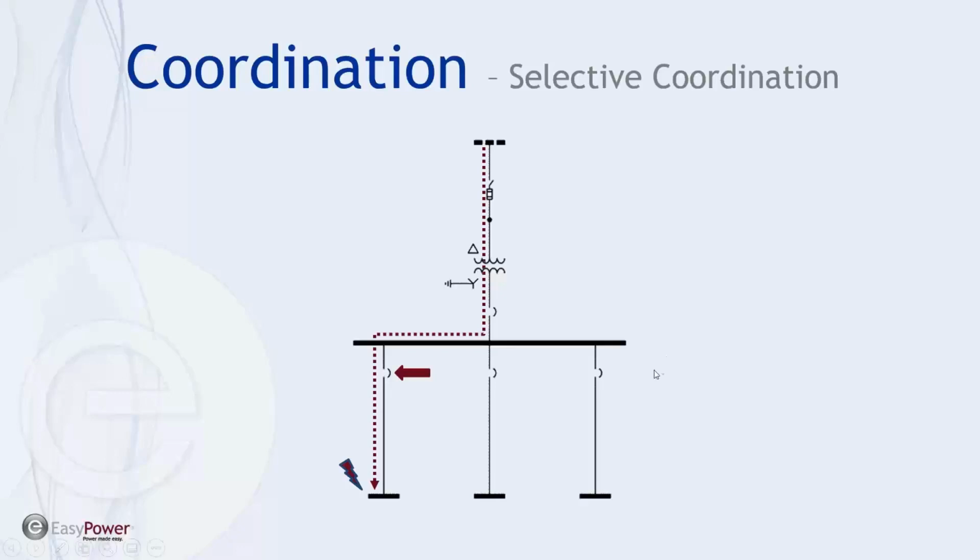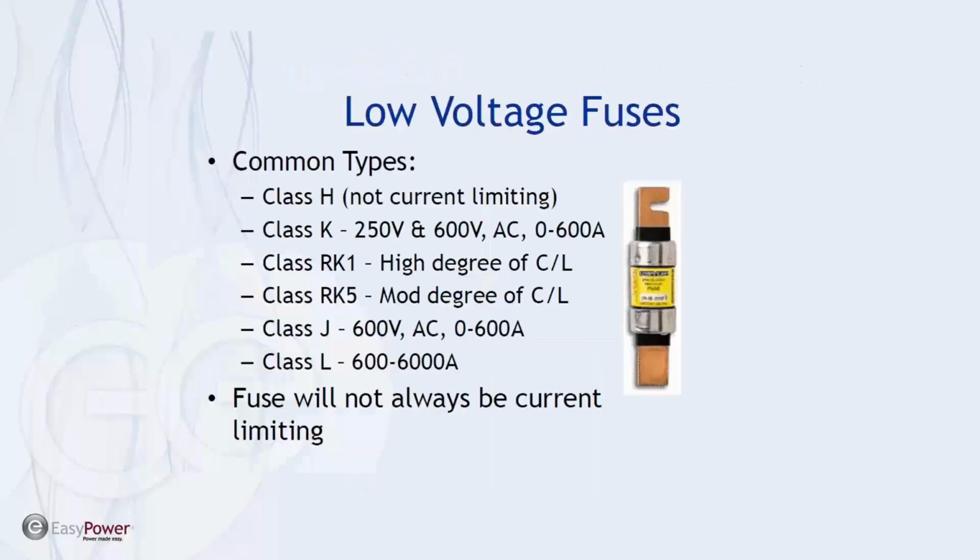And one of the potential solutions in the fuse arena is the ability to use different types of fuses. Specifically, one of the most advantageous is a current limiting fuse. Unfortunately, not all fuses are current limiting. So this again goes back to understanding what's projected on the TCC curves.